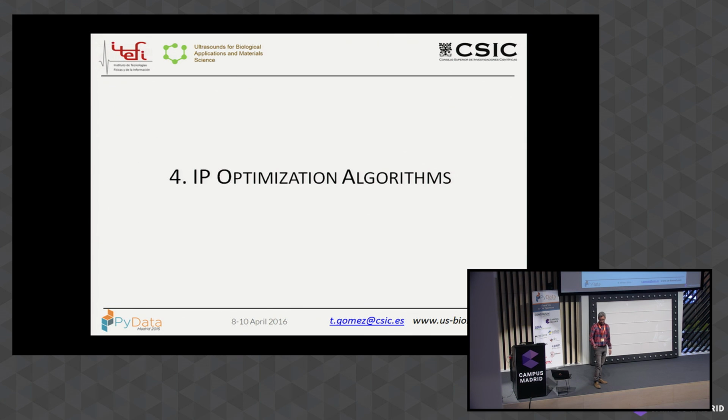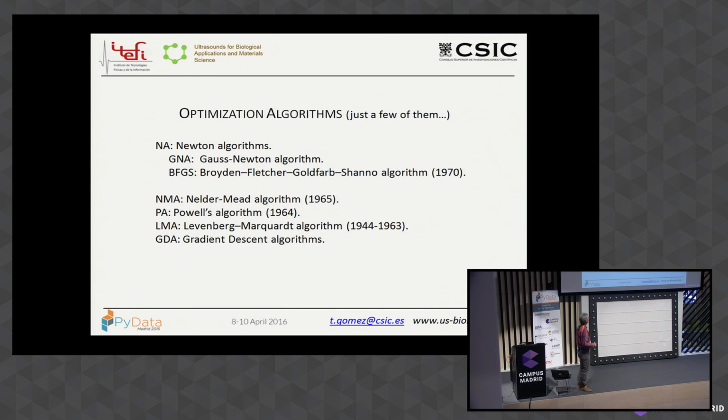Okay. Optimization algorithm. The core of the inverse problem solution is to develop an algorithm that is able to optimize the fitting between the model and the data. Just to mention a few of them, with the unique purpose to show you that there are many different options, and that solving inverse problems doesn't mean that you use one particular technique, but you can use many different ones.